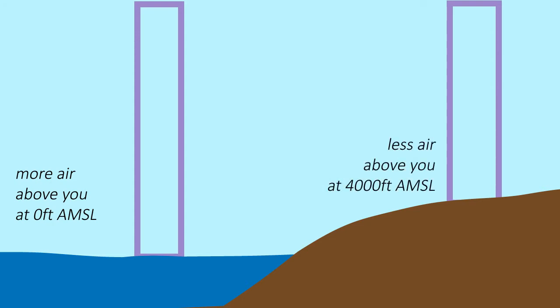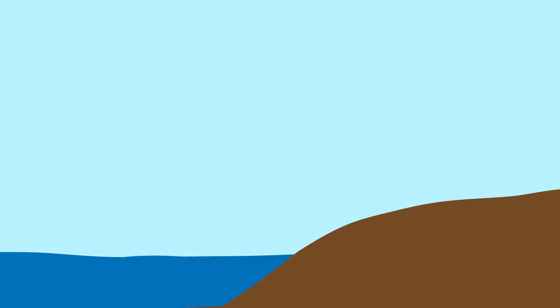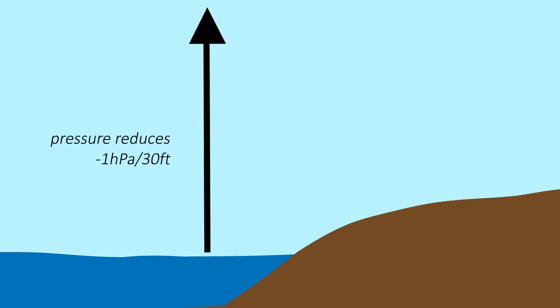So we call the weight exerted on the ground the atmospheric pressure. Given that the higher you go, the less air is above you, we can say that the pressure reduces as you go higher. It is generally understood that atmospheric pressure reduces by 1 hectopascal for every 30 feet increase in altitude.